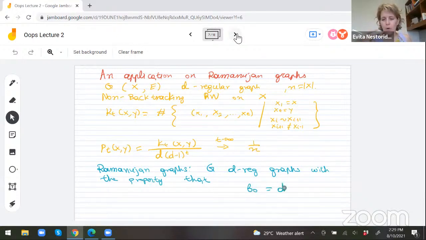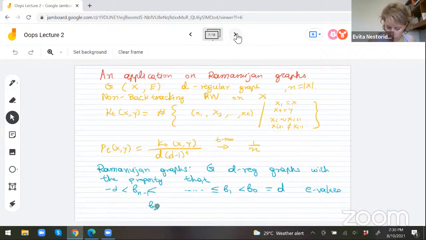The biggest eigenvalue now is going to be d, not 1. These are the eigenvalues. Beta_1 is less than 2 square root of d minus 1. And similarly, the last one is bigger than minus twice square root of d minus 1. This is the definition.